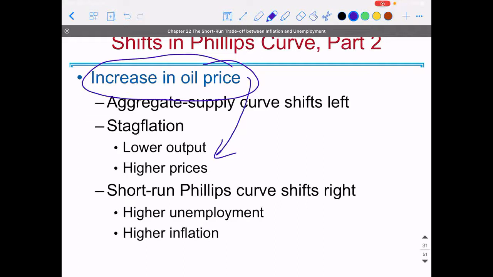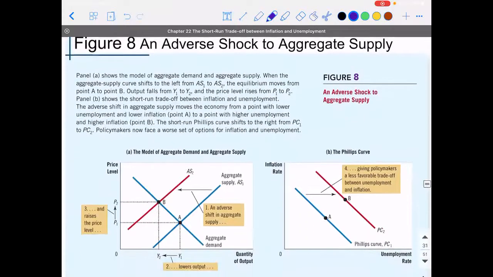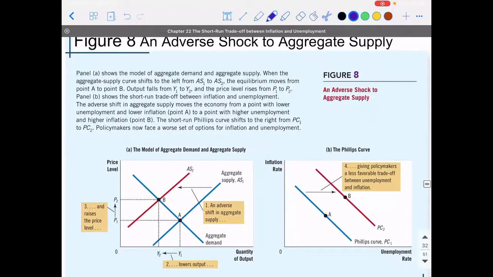So it's not necessarily the case that we would see that stagflation again. Essentially, the supply shock, like higher oil prices, would decrease the aggregate supply curve, thus increasing the Phillips curve.